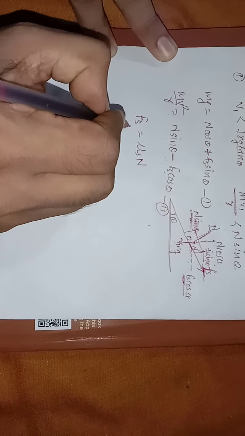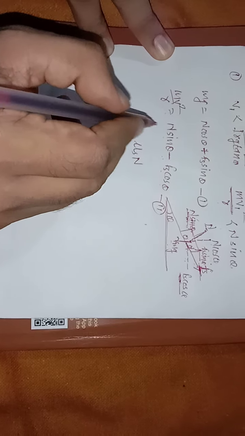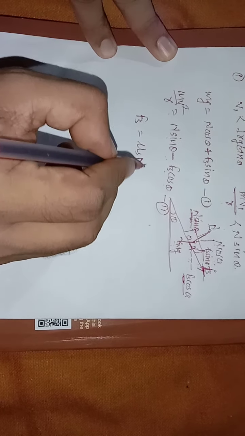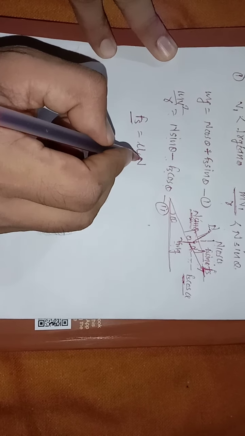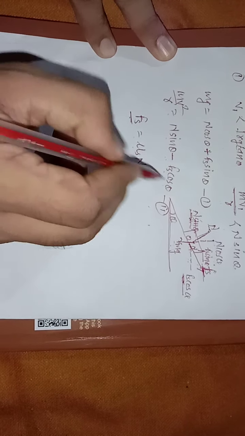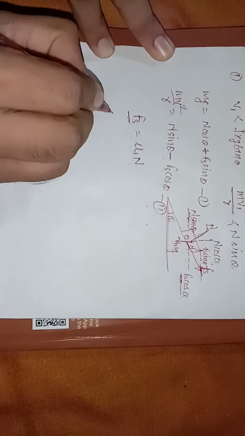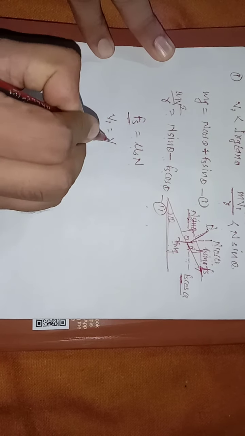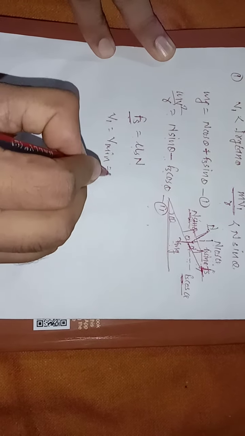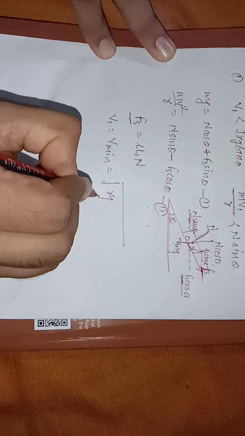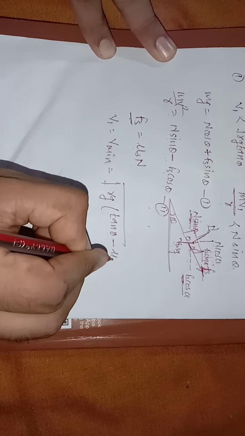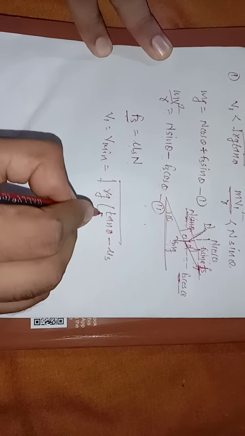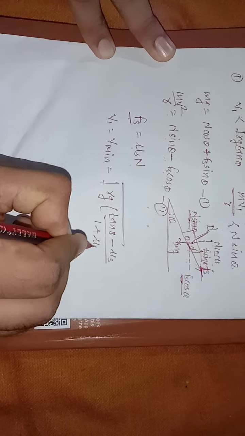By using the two equations, and that Fs is equal to mu s n, we can directly get that v minimum is equal to under root rg in bracket tan theta minus mu s divided by 1 plus mu s tan theta.